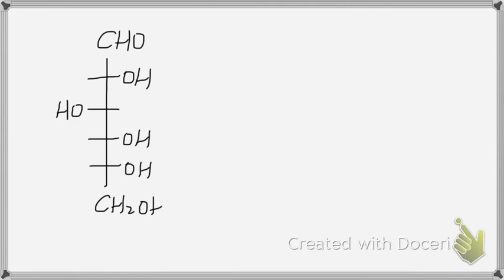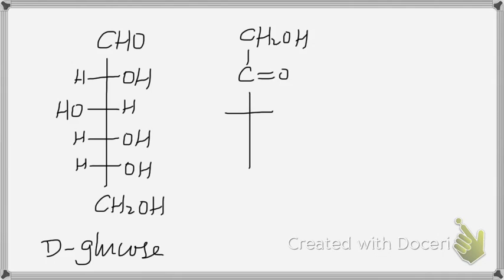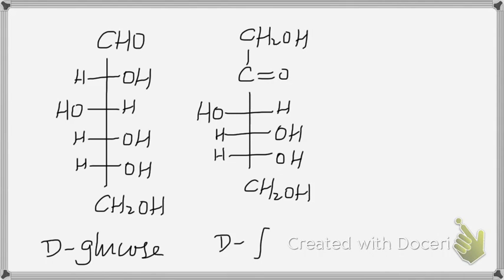Two examples of carbohydrates. D-glucose. You have seen this structure before. And then D-fructose. D-glucose has an aldehyde functional group on carbon 1.